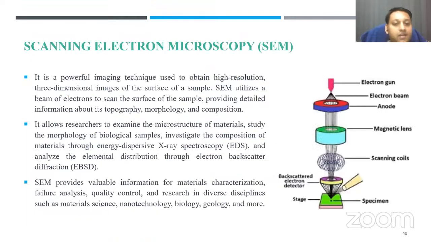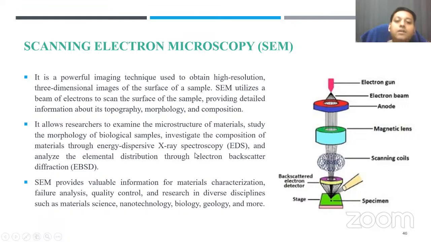The first one is the scanning electron microscope. In the scanning electron microscope, the electron gun emits electrons, which are directed by a magnetic lens in a particular direction, and then the specimen on the stage is exposed to the directed electron beam. The electrons get backscattered, and we detect and measure them with a backscatter electron detector.